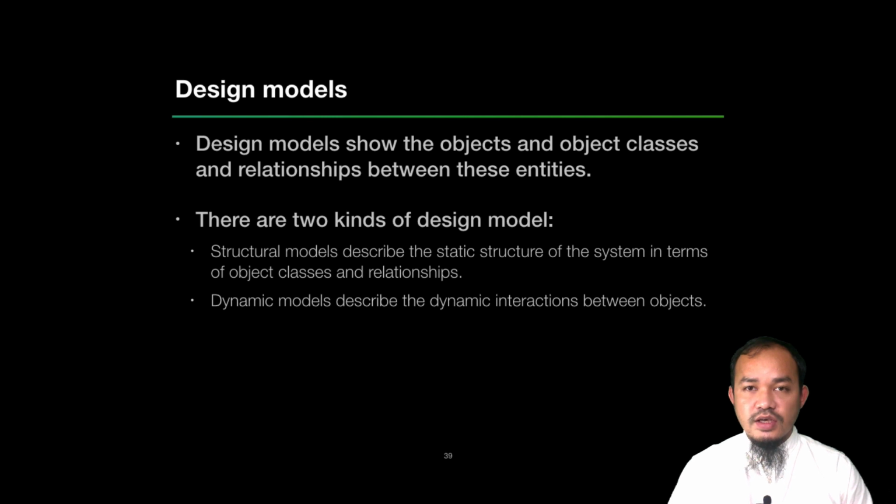They just show the object classes and their relationships to one another. If you want to display the interaction, sending a request or message to another object, and the other object replying back, we have to use a dynamic model to display the interaction between objects.